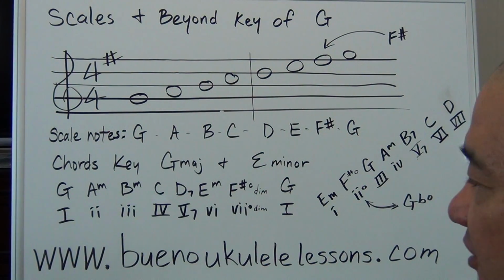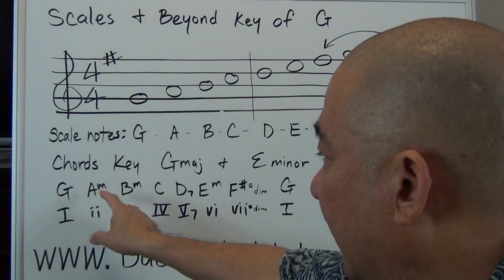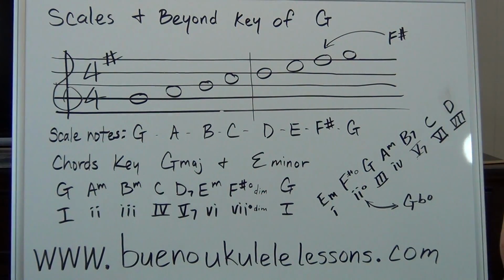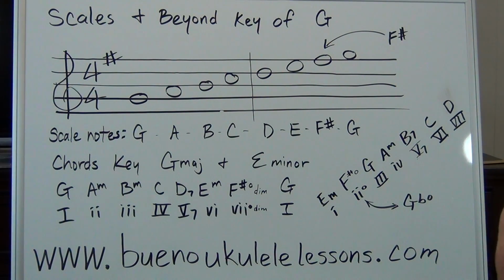Now, a couple of things you've got to remember. The name of the chord, like G, A minor, B minor, has to stay the same, except for a few chords, and we'll go over them in just a second.